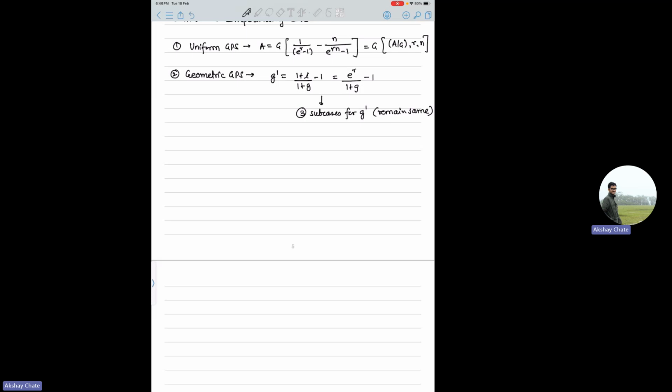But if you have understood the basics, it will be easy. It should be fine. And then there are some things like, if you don't have the same interest rate throughout your period, what to do. It is a basic idea. Let's say you are doing some FD, and for 2 years you get some interest at R, or let's say 5%, and for the third and fourth year you get 6%.